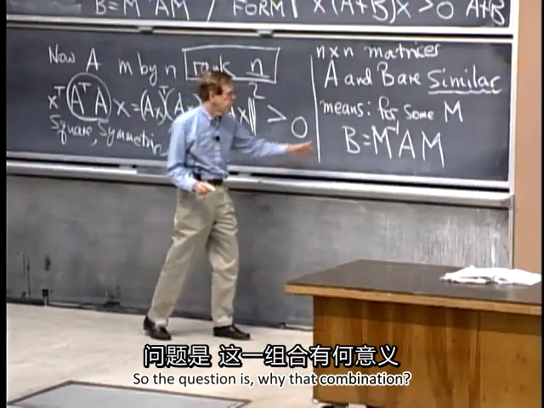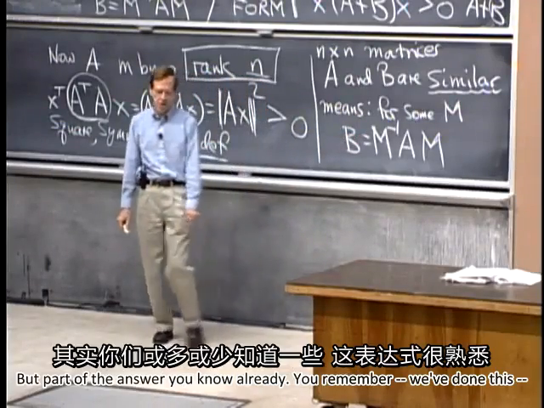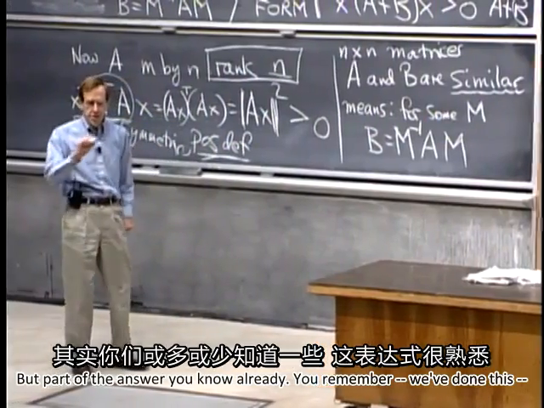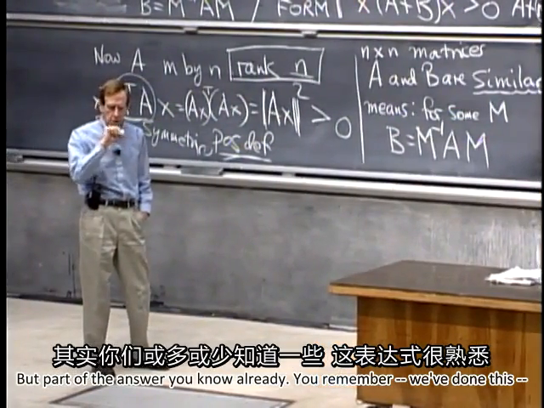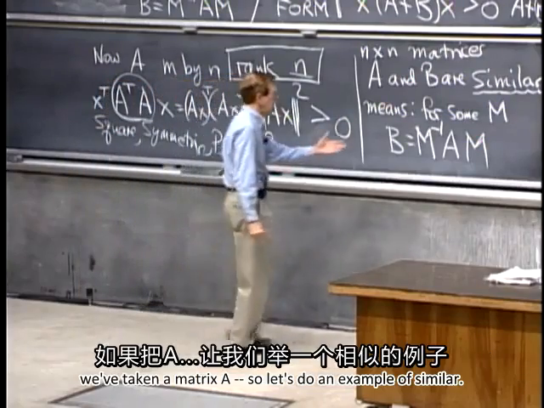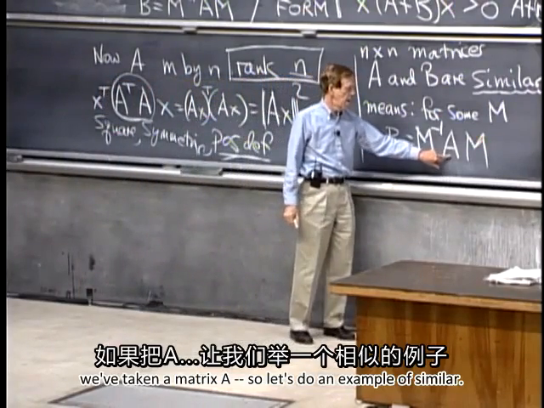So the question is, why that combination? What part of the answer you know already? You remember we've done this. We've taken a matrix A.